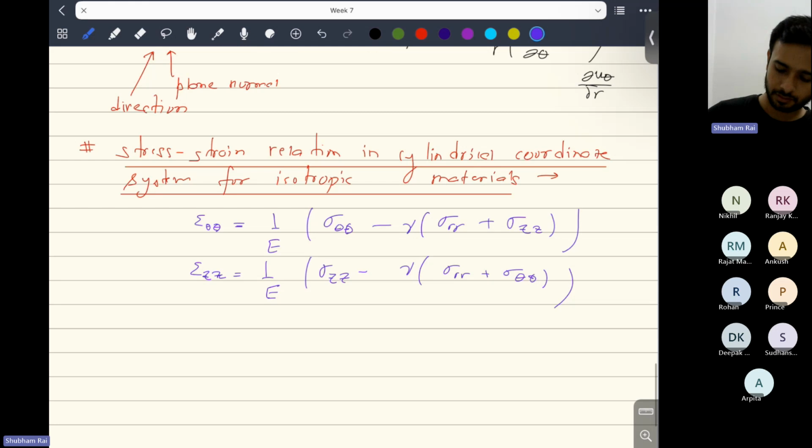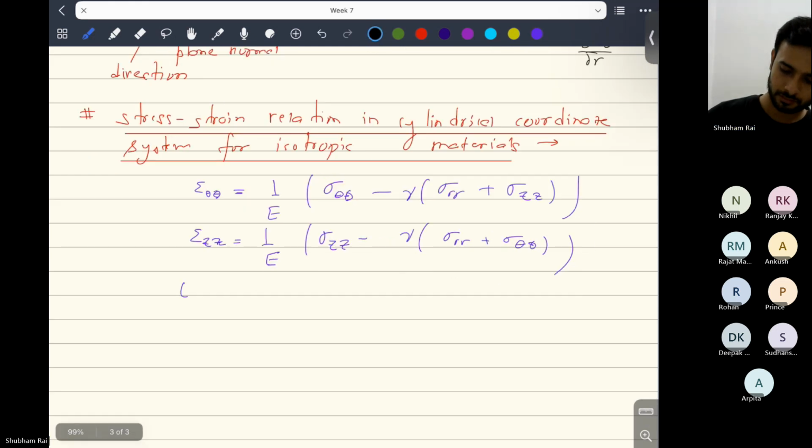Then you have epsilon RR, 1 over E sigma RR minus mu times sigma ZZ plus sigma theta theta.